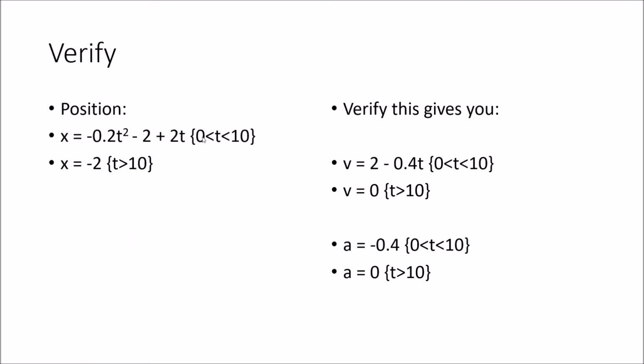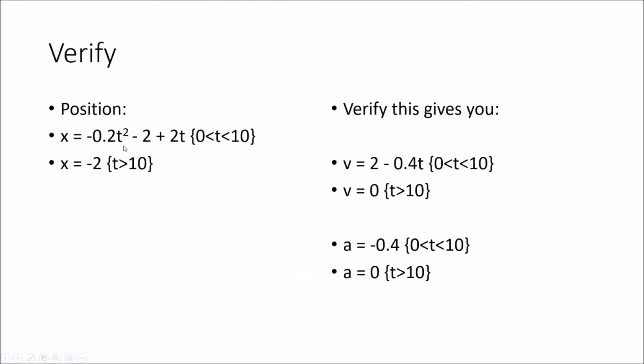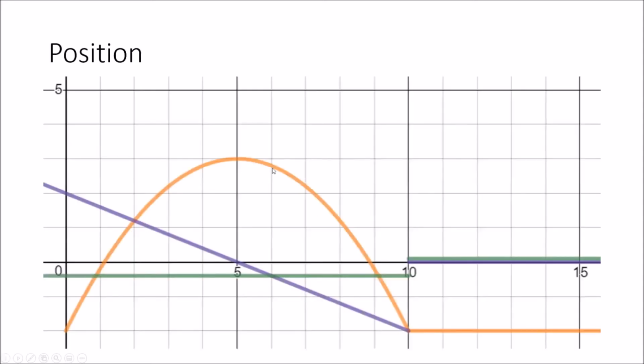So you see here, the position function is a quadratic. It's a polynomial with a t squared and a t and a constant. And so that means that you have this parabolic shape there. And in fact, it has a negative squared component, so you get the downward facing parabola there.